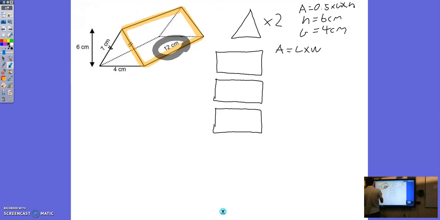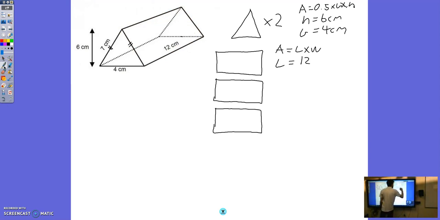The width of the rectangle, you see here there's a hatch mark. That means that it is equal to this line here, which is 7 centimeters. So the width of this particular rectangle is 7 centimeters.